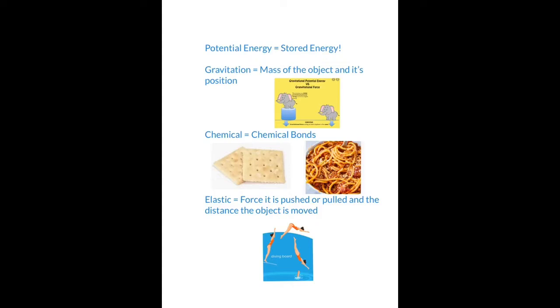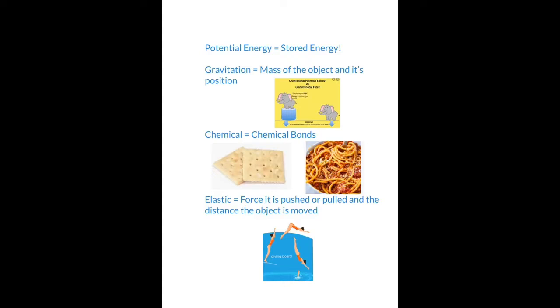Gasoline makes the car move, but there's a chemical reaction that happens to the gasoline, which is then used to help move the car. Now, the elastic potential energy, it's a force that's pushed or pulled, and it really just depends on the mass of the object as well as the distance that it was actually moved, or the force that's pushed down with.